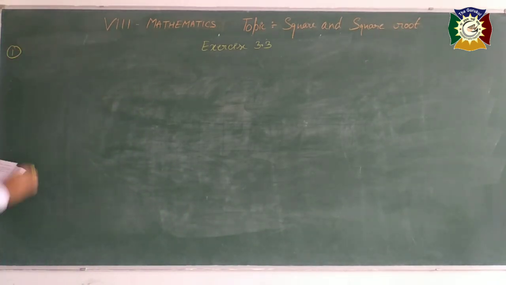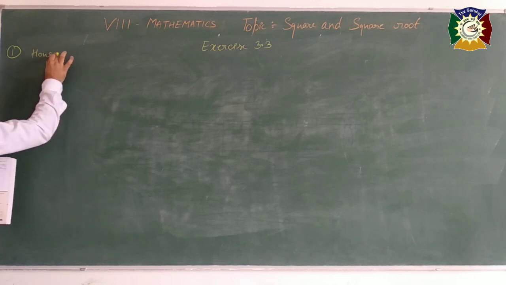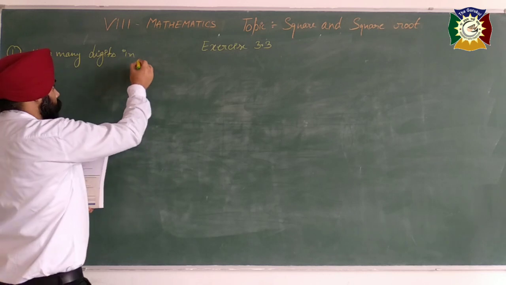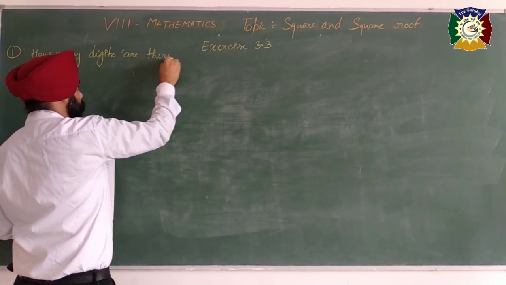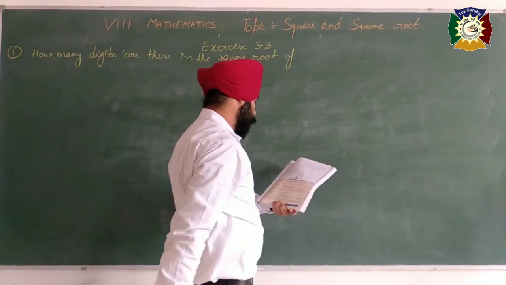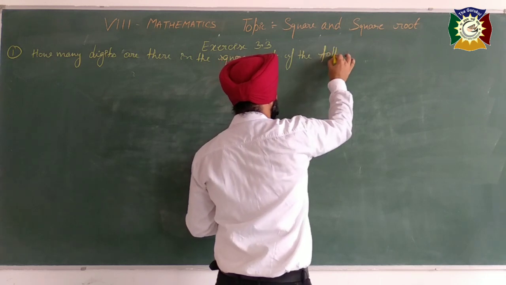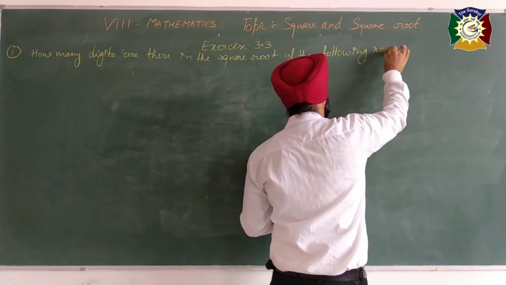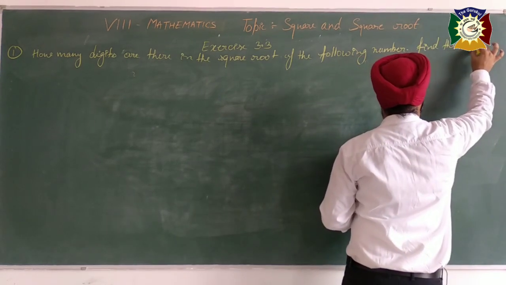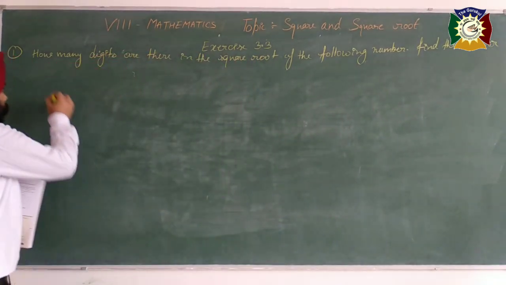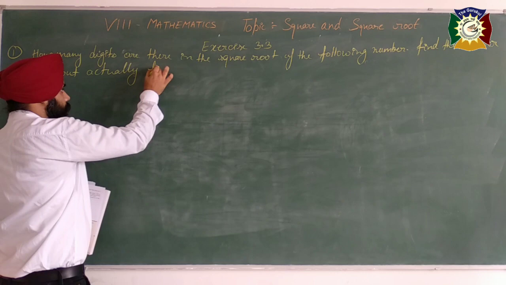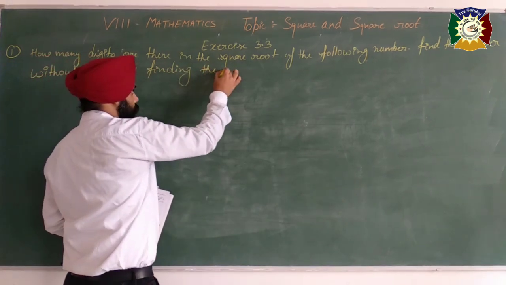The first question: how many digits are there in the square root of the following numbers, and we have to find the answer without actually finding the square root.